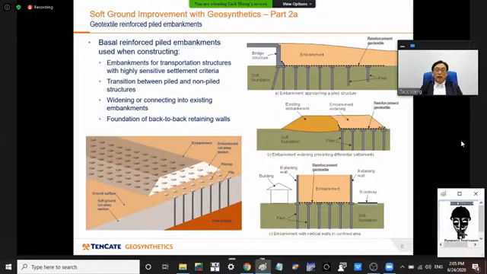And to match that and remove that differential settlement, a pile embankment is commonly used. And in some cases where you have a back-to-back retaining wall, where there is no space to widen the embankment sides, then a pile foundation is also commonly used.